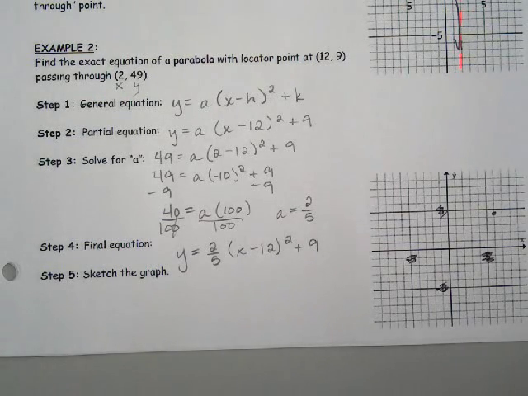And because that A is 2/5, is that graph going to be wider or skinnier than a normal one? Wider. The fraction between 0 and 1, or 0 and negative 1, remember, makes it wider. So the whole number is going to make it skinnier.